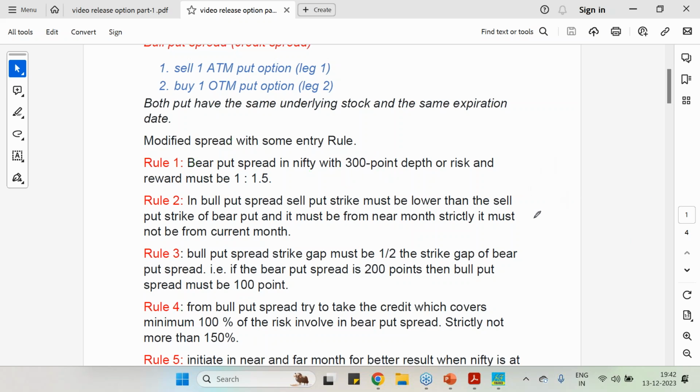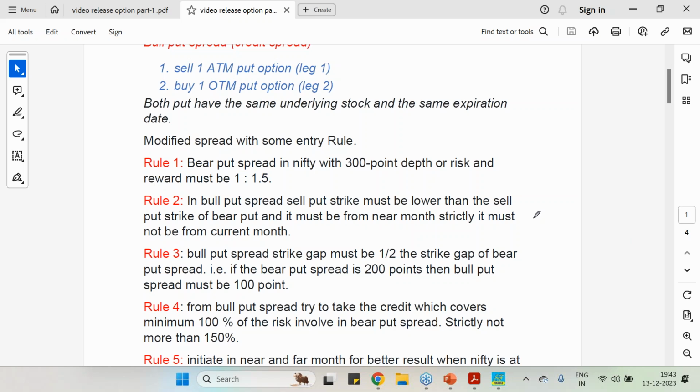Why this deviation in the put option? Because when a correction or fall happens in the market, it is rapid and quick. Once a fall happens, IV will go up. So for that, you are giving a leg room of 100 points more, 100% credit, so that the put side also gives some profit.